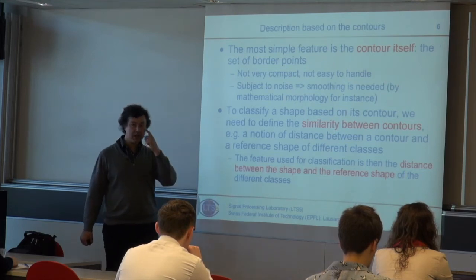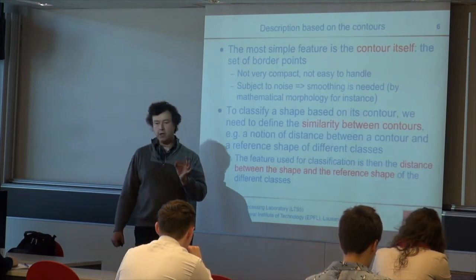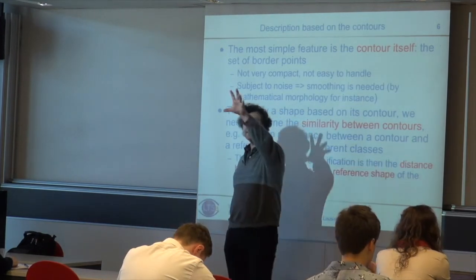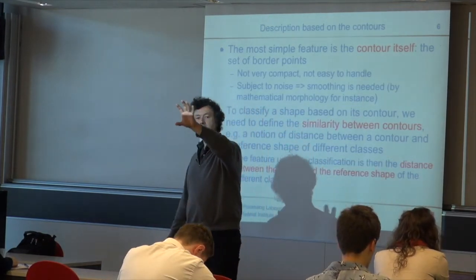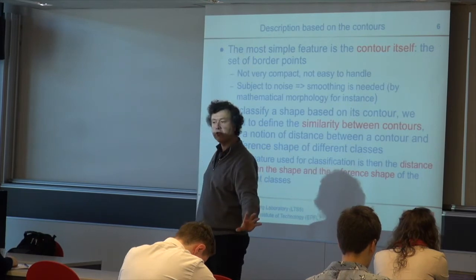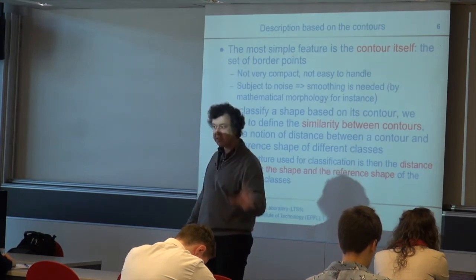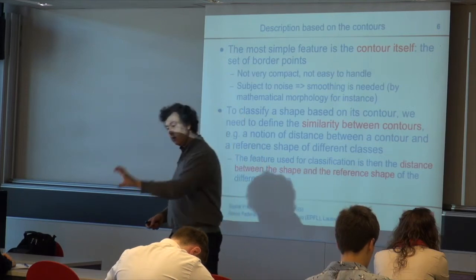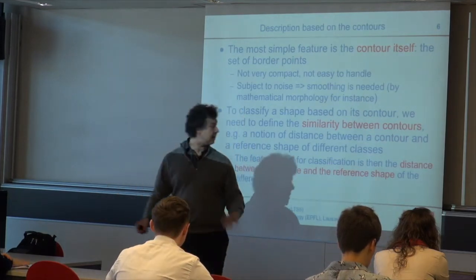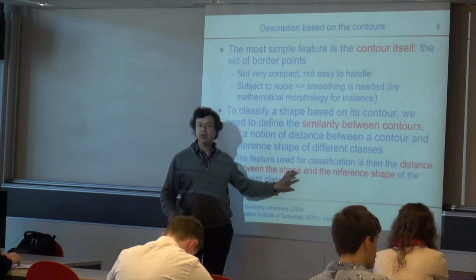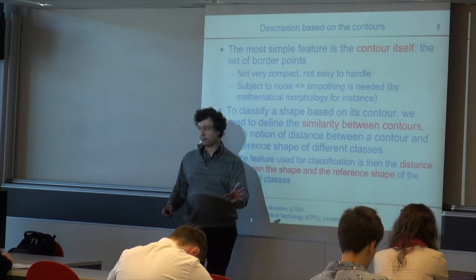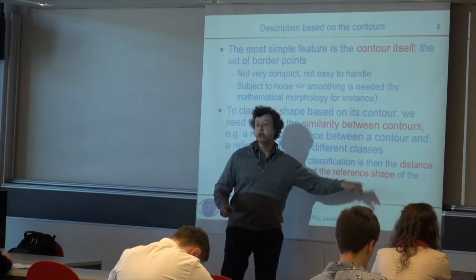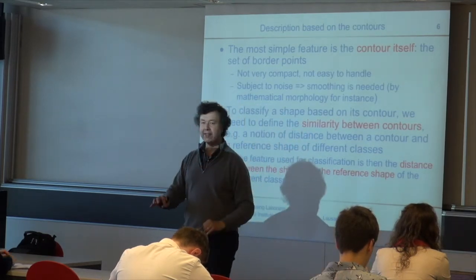So what I will do now is see with you the definition of the distance between two contours. I take my contour, and I look at the distance to a typical contour of class A. Distance, the terms small, big distance. Same for class B, and I will classify, obviously, in the class that has the smallest distance. And in this case, the distance to what I would call a typical cat and a typical dog.